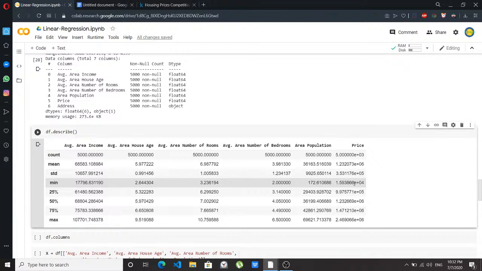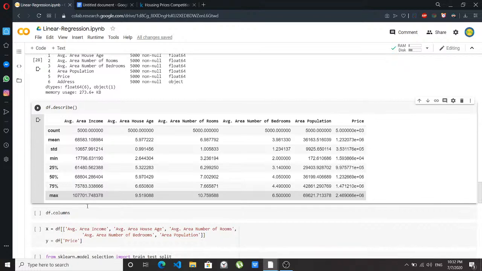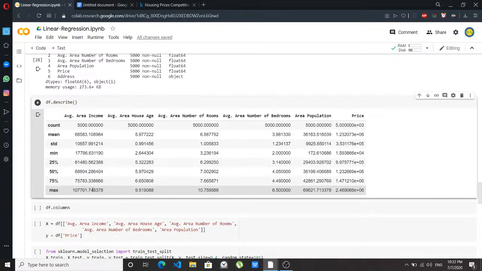And what is the minimum price here? Then 25%, like the minimum is the least, then the 25% value, 50% value, 75% value, and the maximum value here. As you can see, the maximum area income is around 1,07,701.